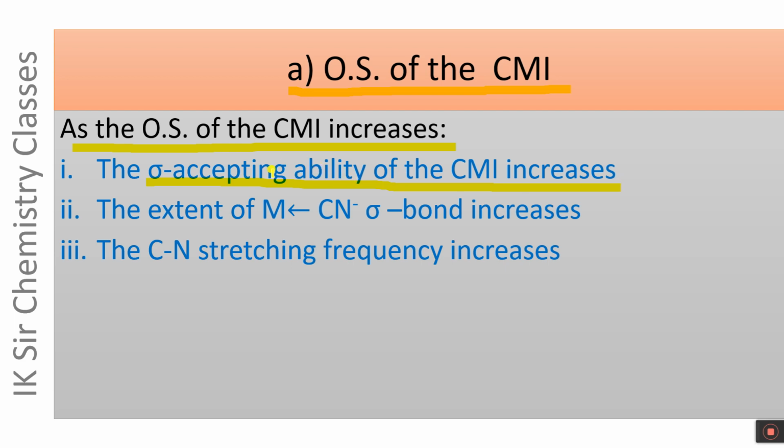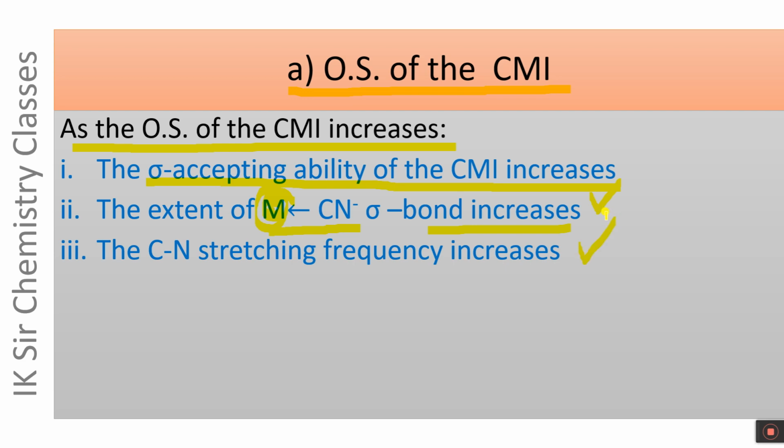As a result, the extent of CN⁻ to metal sigma bonding increases, and we have seen earlier that as the extent of this sigma bonding increases, the CN stretching frequency also increases.